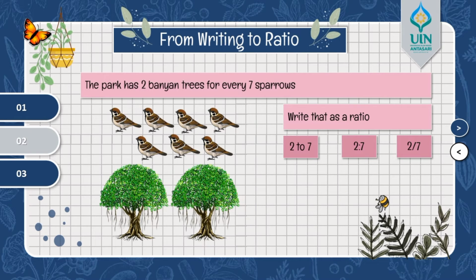So just be aware the only time you'd switch the numbers is if it did say at the end, write a ratio of sparrows to banyan trees, then you would write the number of sparrows first and the number of banyan trees second.